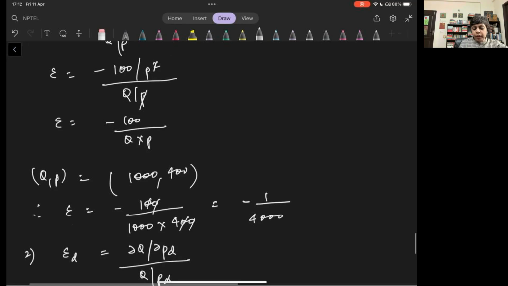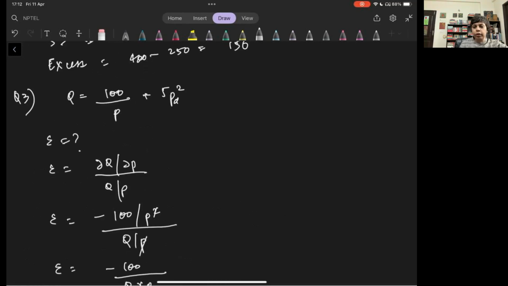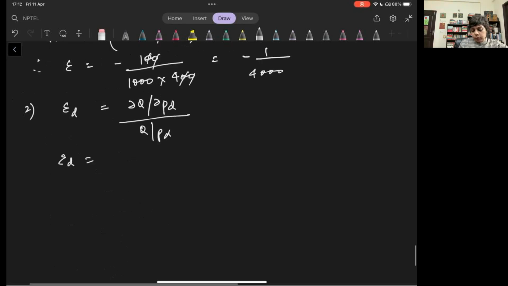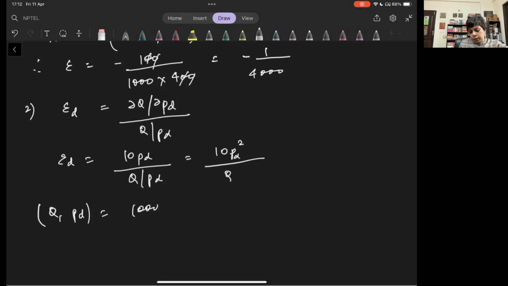That's what cross price elasticity of demand means. So first let's calculate this value. 100 by P becomes 0 when you take the partial derivative with respect to PD. 5PD square becomes 10PD upon Q upon PD. So this becomes 10PD square upon Q. And we are given Q comma PD equal to 1000 comma 50.